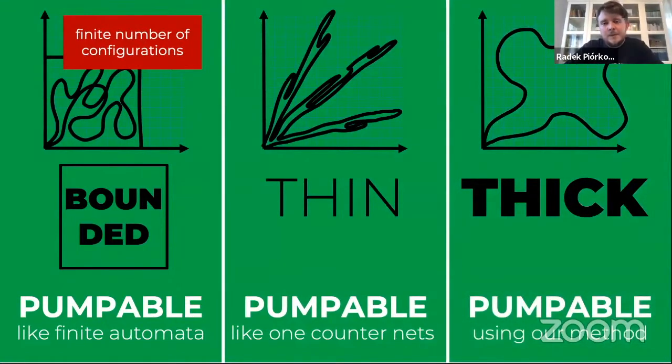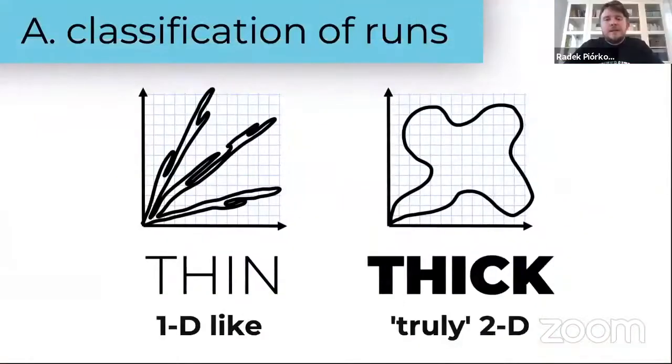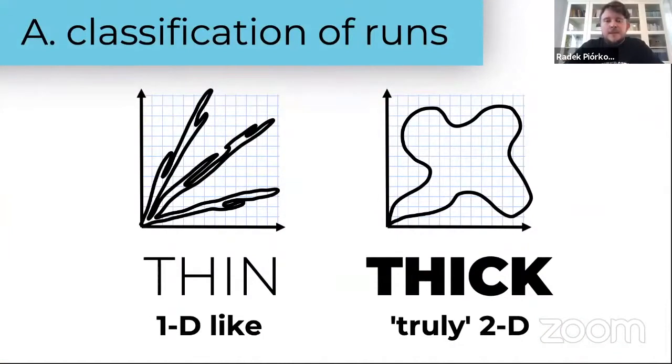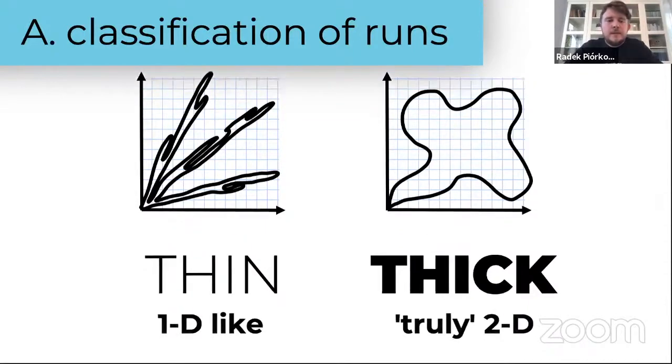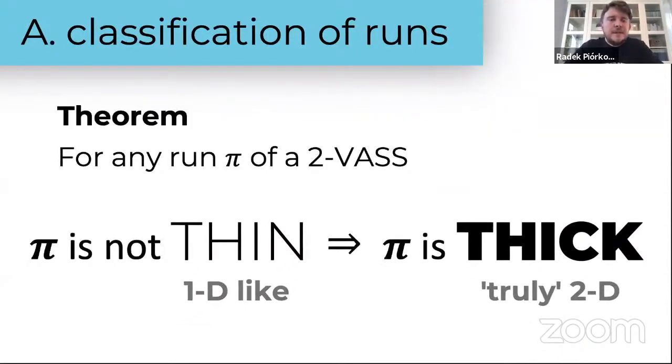And for thick ones, we also prove a variant of pumping lemma, but I think it's the most interesting case. Those are not all the results that we need to prove when we want to show that you may pump runs of two bus. The one last result that is needed is as follows. This is our theorem, that for any run pi of two bus, if it's not thin, then it's actually thick.